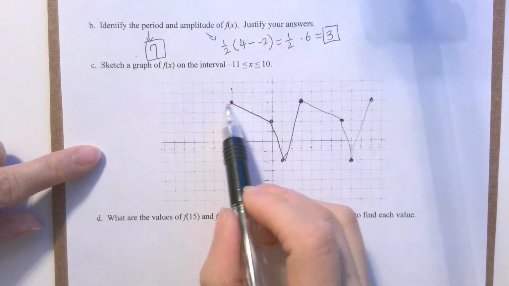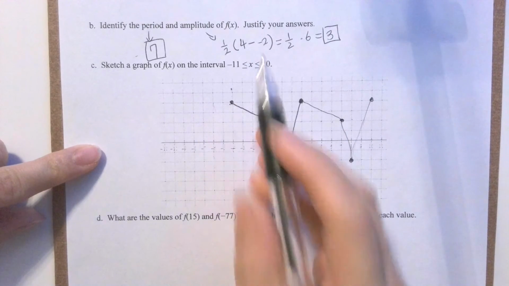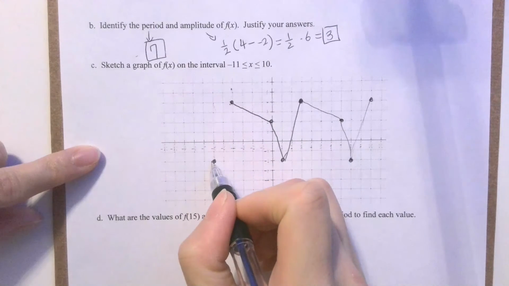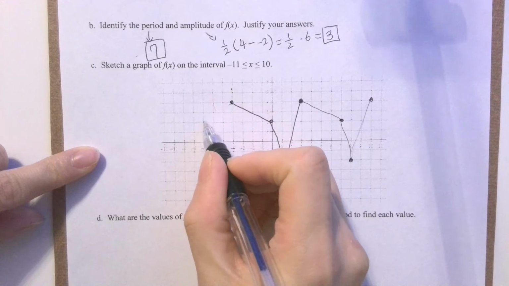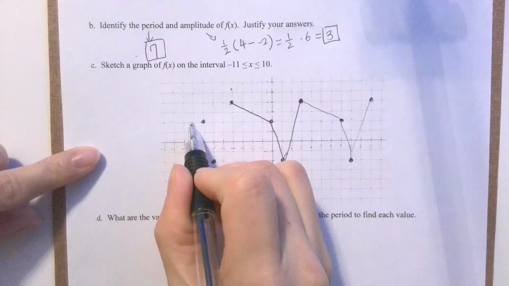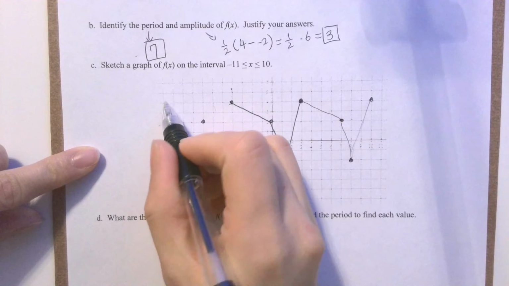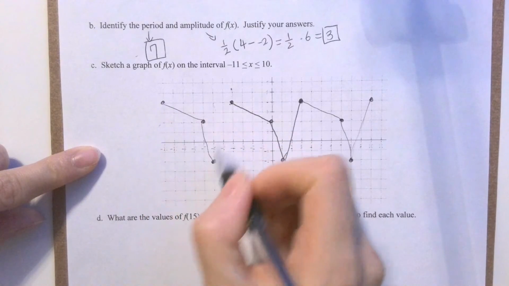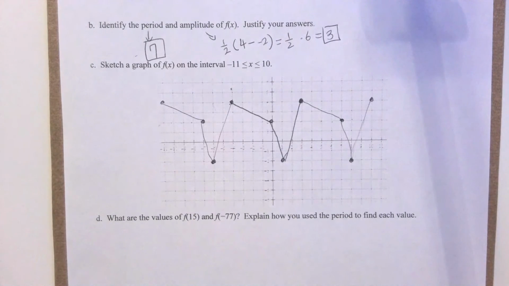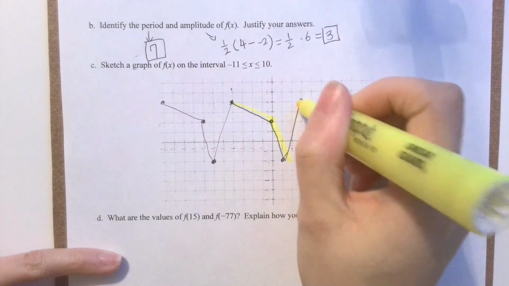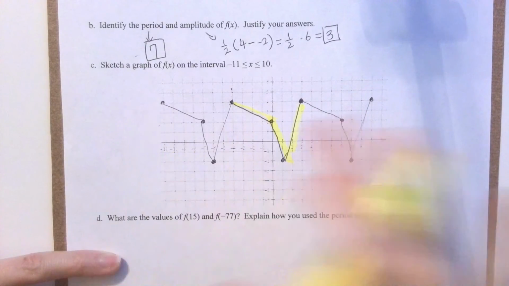I go 2 down here, and then 1 left up, and then 1, 2, 3, 4 up. There you go. So I just completed 3 cycles. It's one cycle, and then 2, 3.